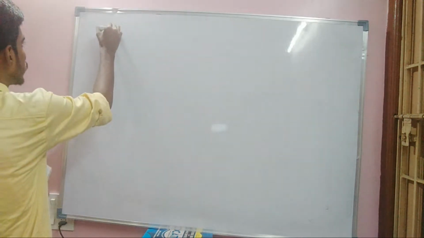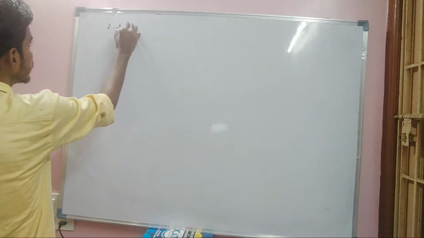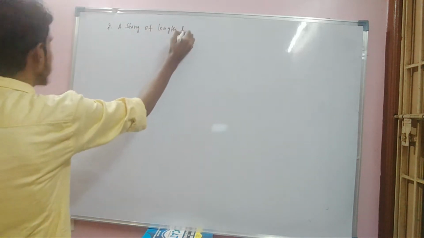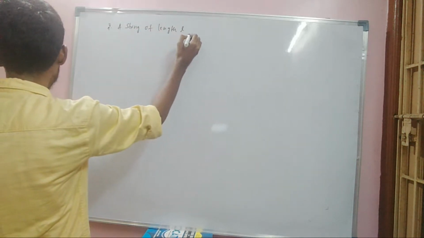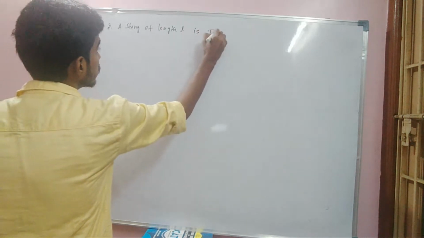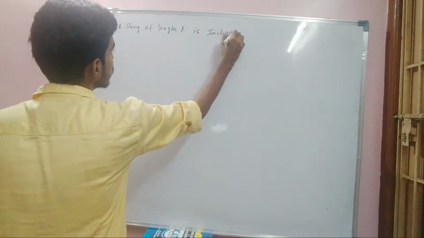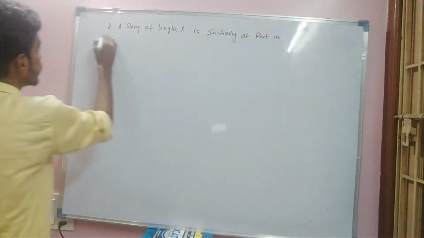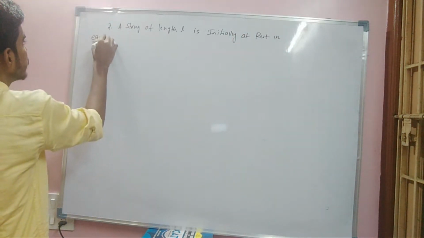So third problem overall: a string of length L is initially at rest in equilibrium. That means initial displacement is 0.